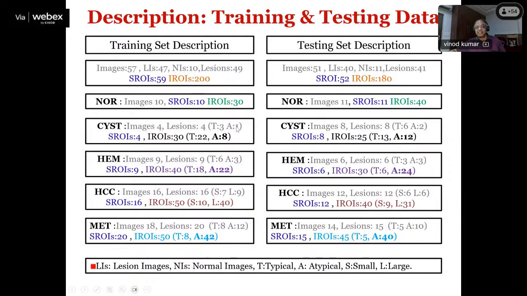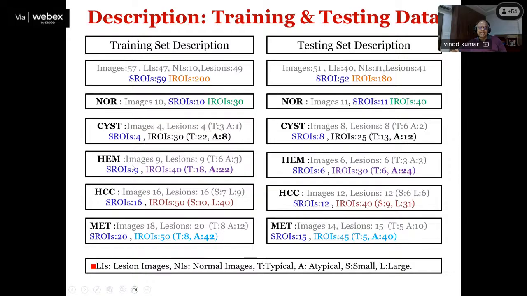We also classified that when the misclassification was there, after having discussion with the radiologist, they said that this particular tumor is a typical tumor. All tumors are like this, but this particular tumor is atypical. This is slightly different. So we said, okay, we will take the decision from the doctors on which are typical and which are atypical.